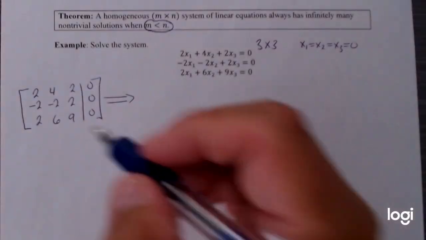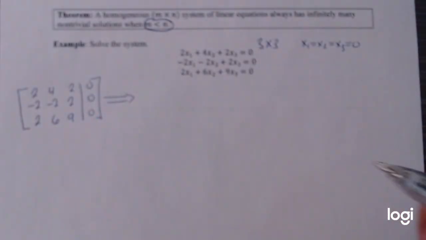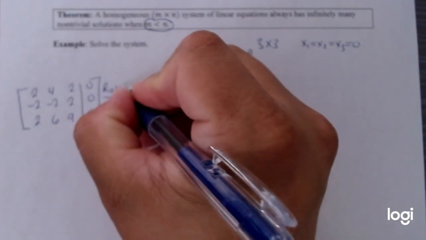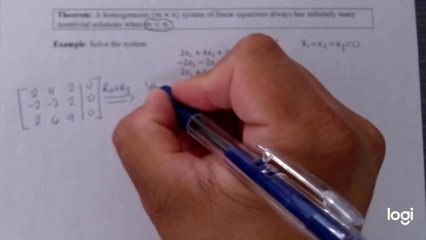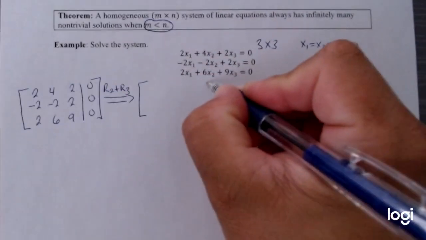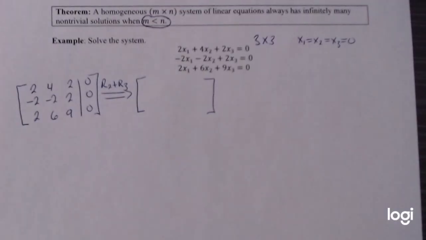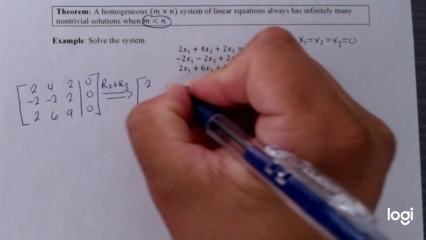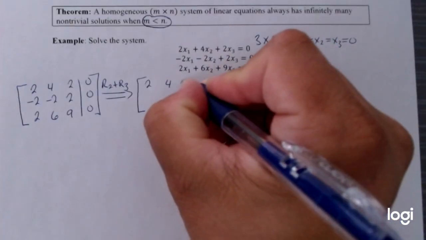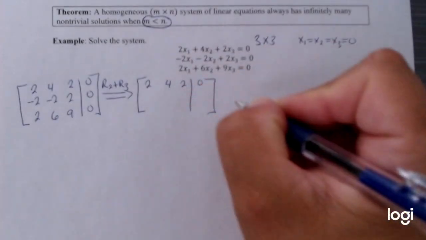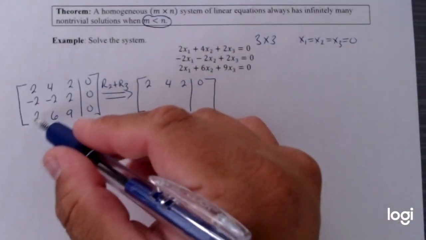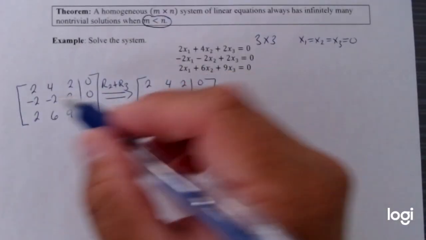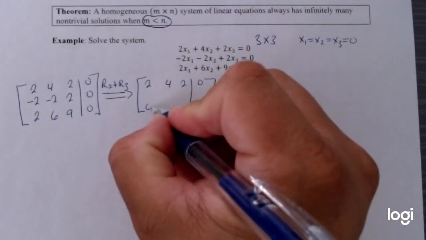Alright, so this is kind of nice. These twos go away a lot, right? So I'm going to do R2 plus R3. And I'll keep R1 the same. And I'll replace row 2, so this minus this gives you 0.